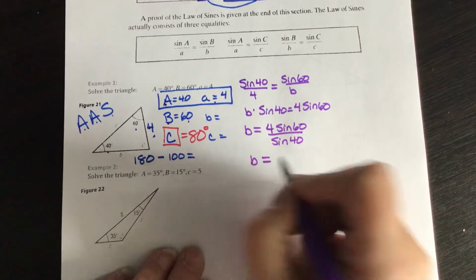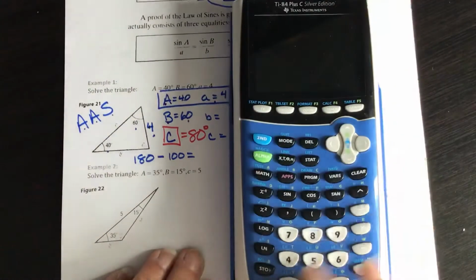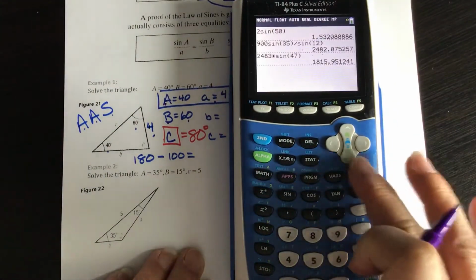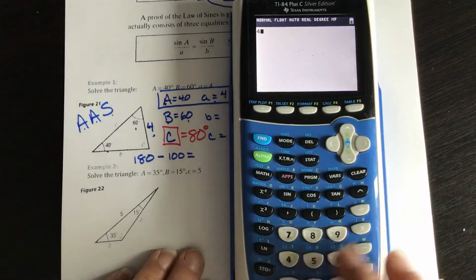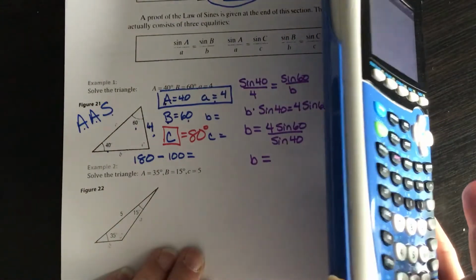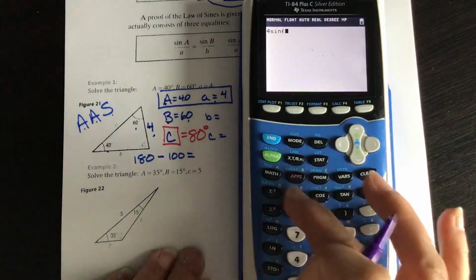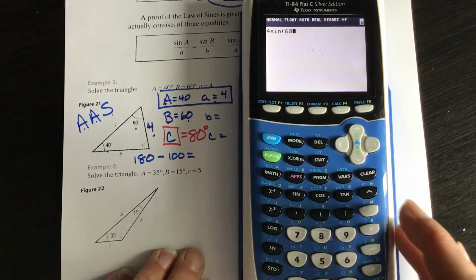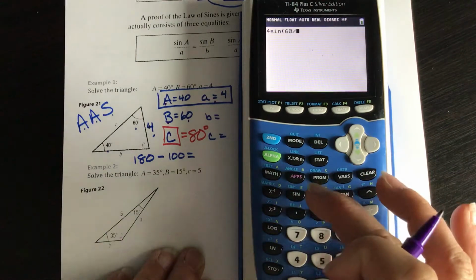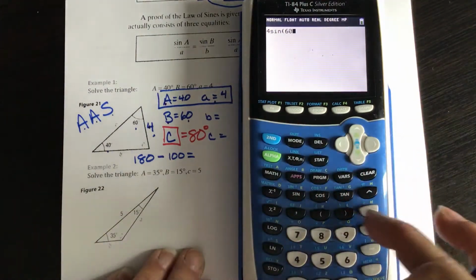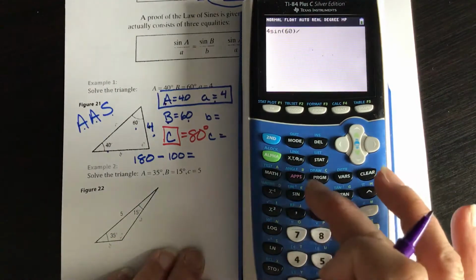And b, in this case, I have 4 sine 60 divided by, and I should close my parentheses there, sine 40.